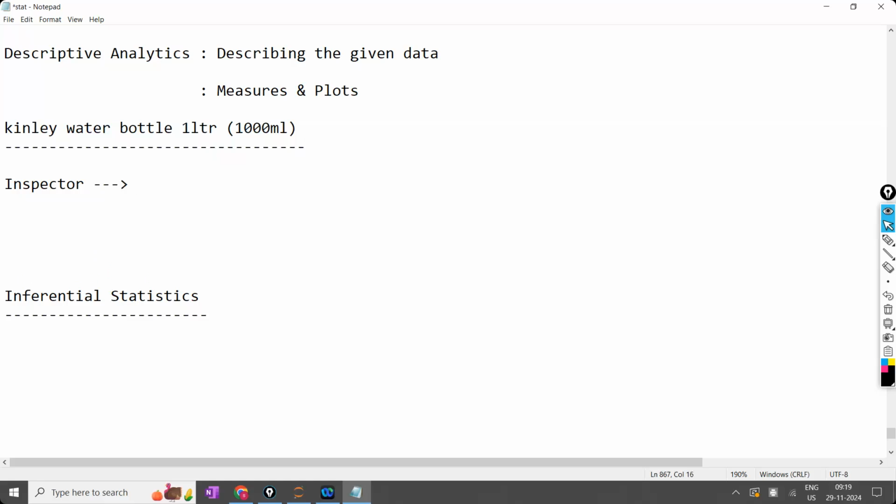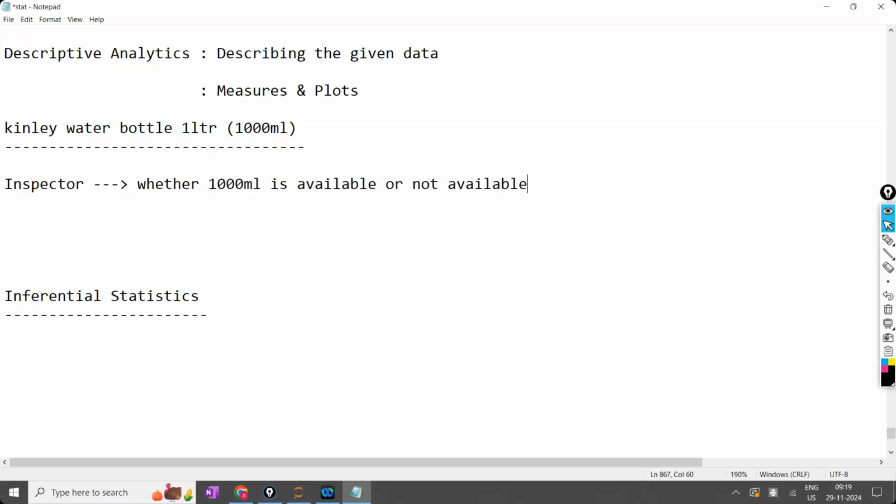That is the requirement. This is the question: is 1000 ml available inside the bottle or not?